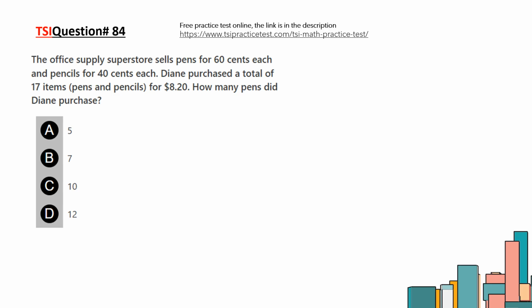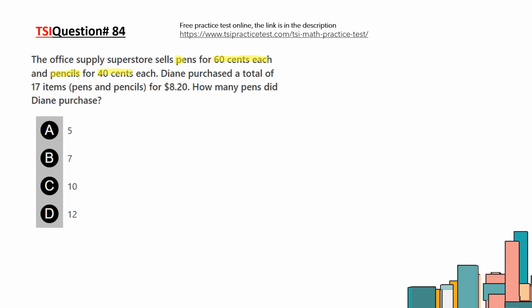So when you see a word problem like this, it mostly has three sentences. The first sentence always gives you a clue: pens are 60 cents each, pencils are 40 cents each.